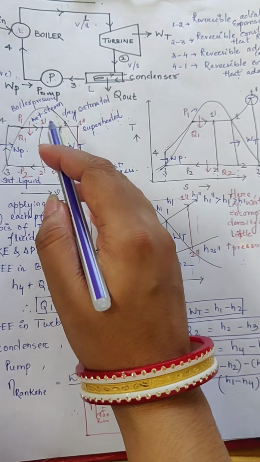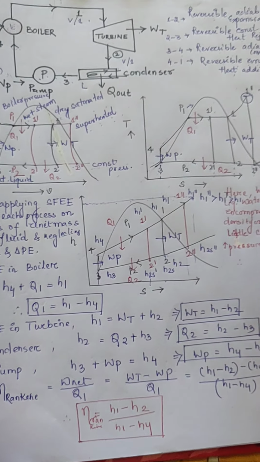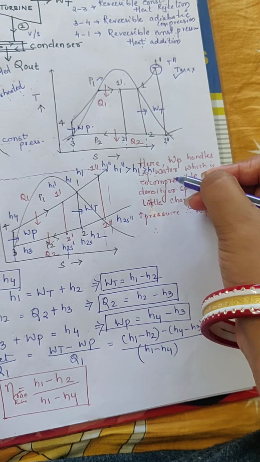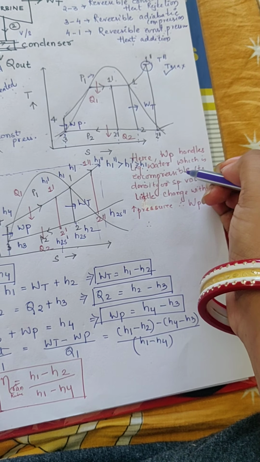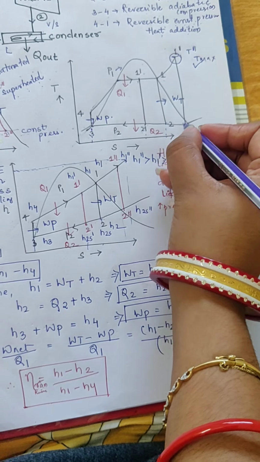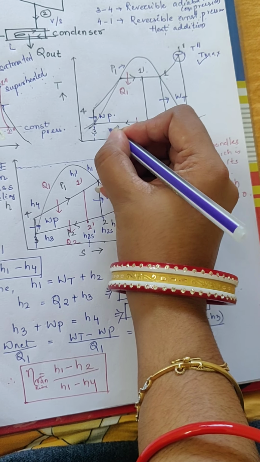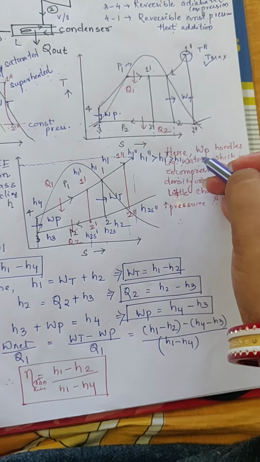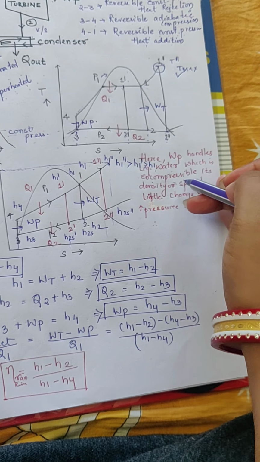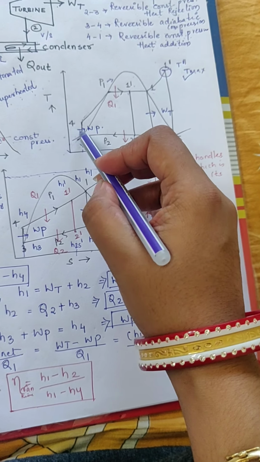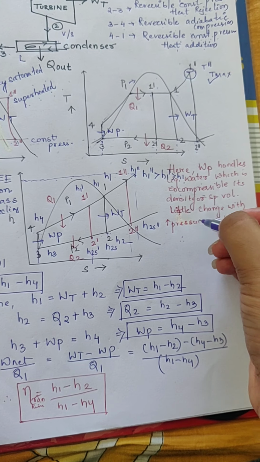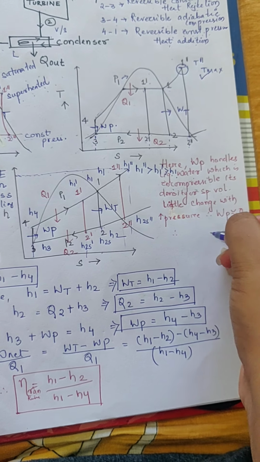Now you can see that here the work on the pump handles only liquid water, which is incompressible, because from this to this the state of water is saturated liquid. That's why the work on the pump handles liquid water which is incompressible, meaning its density, or its specific volume sorry, changes little with the increase in pressure.